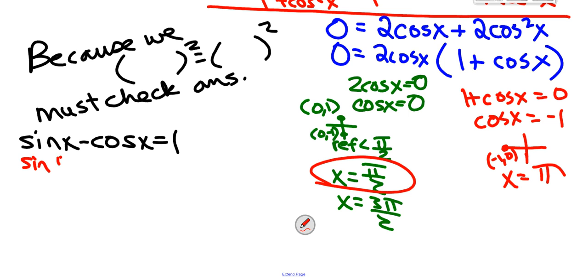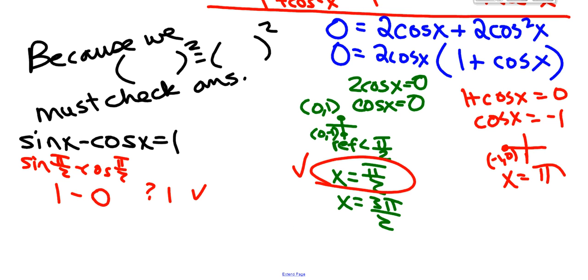So I want the sine of pi over 2 minus cosine of pi over 2. What's the sine of pi over 2? 1 minus, what's the cosine of pi over 2? 0. And is that 1? Yes. So that's a good answer. I'll put a little check mark.